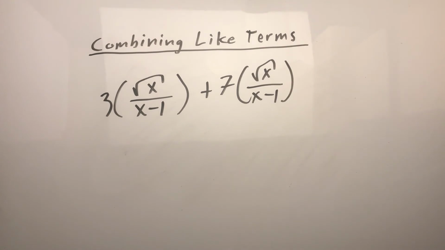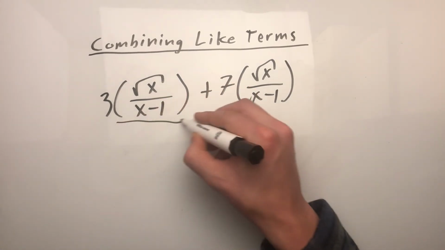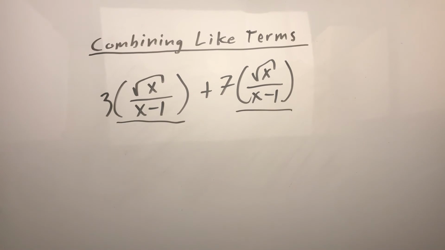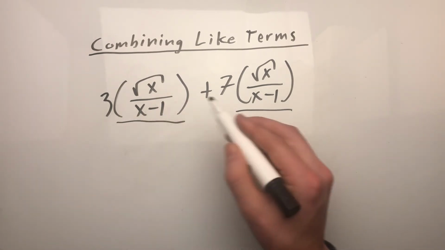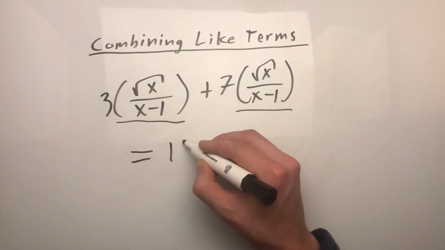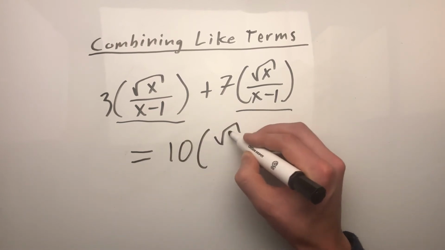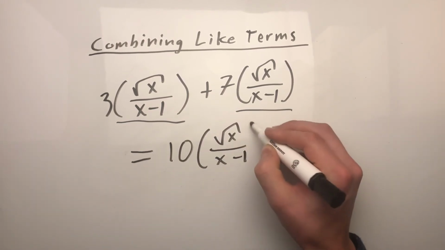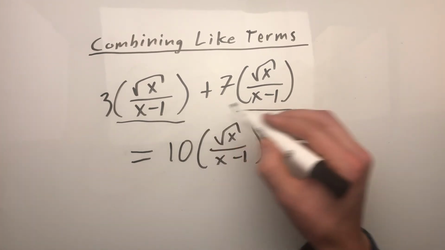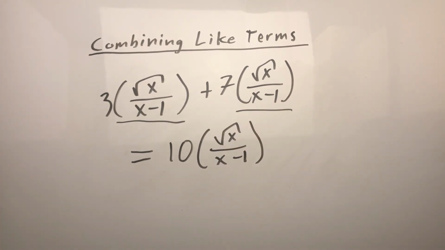Now, this may look like a very gross, disturbing expression, but if you notice, what lies within these parentheses is the same thing, which makes them like terms, which means that we can simply do 3 plus 7, which gives us 10 times what lies within the parentheses. Because again, these two things are like terms as they are identical expressions, which means that they can be combined as like terms.